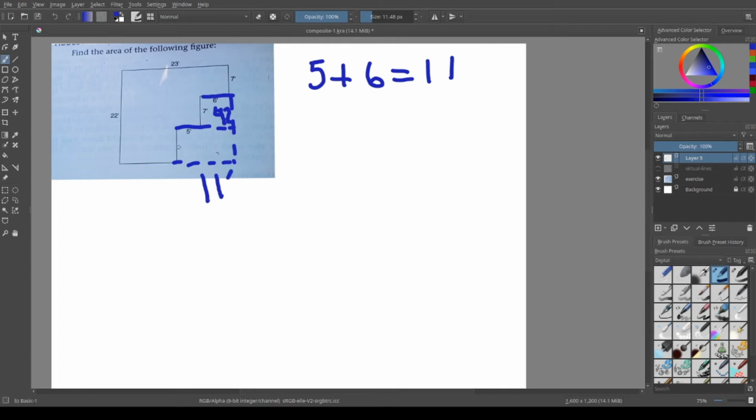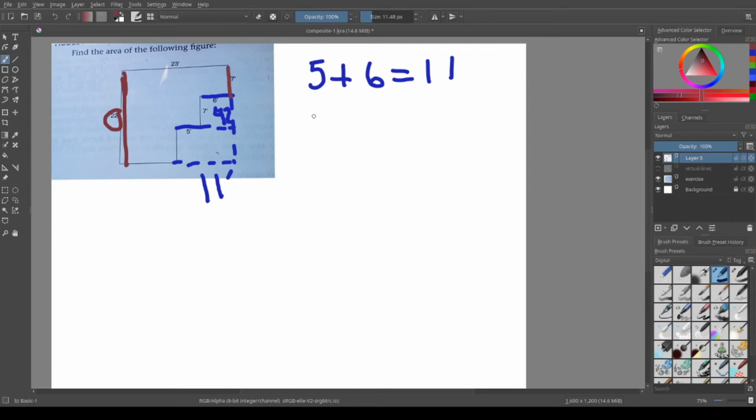But now, good people, we have to find a side for this right here. And that's not too hard. Let me change the color to a reddish color. Now, look over here. This whole side length is 22. Over here, my parallel sides is where the 7 is at.